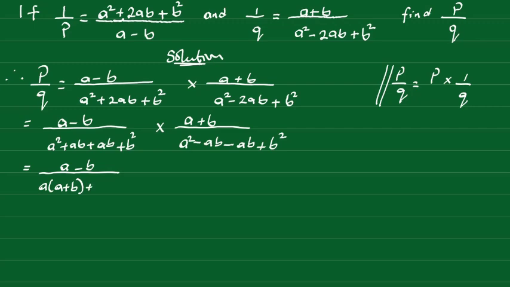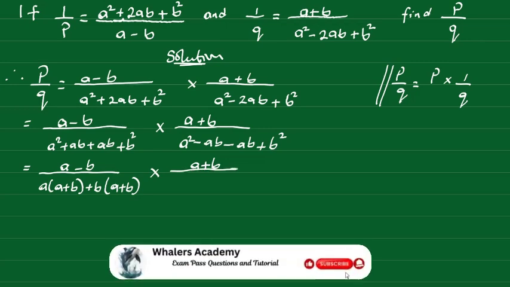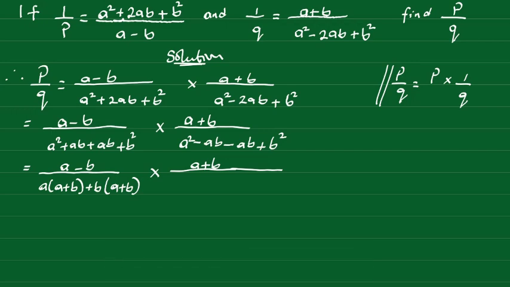We have plus b, bracket close, a plus b bracket close, times a plus b, divided by, in our denominator, factor out a, and we end up having a bracket a minus b bracket close.